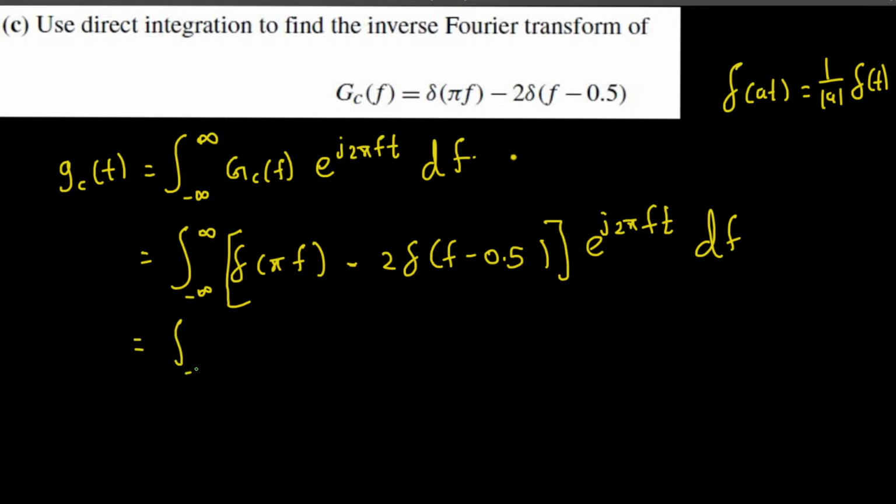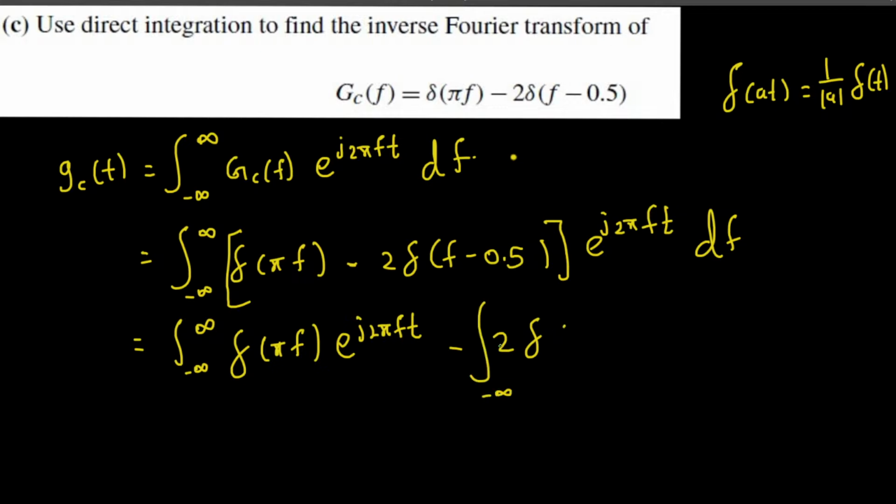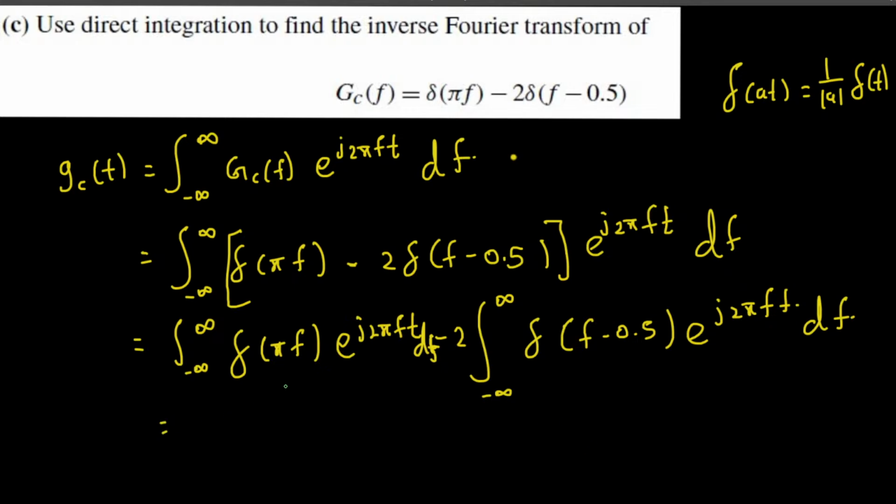So the integral from negative infinity to infinity of δ(πf) e^(j2πft), and then minus the integral of 2 δ(f − 0.5) e^(j2πft). Two is a constant, so we can write it in front, and we are integrating with respect to frequency, df, in both. If you have δ(at), then 1 over a times δ(t), like that.